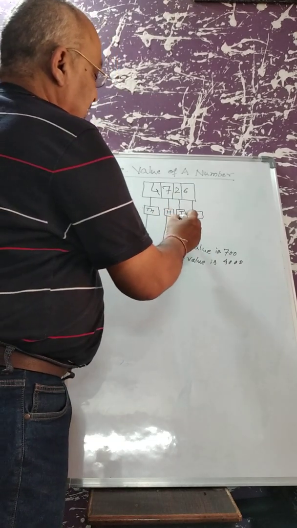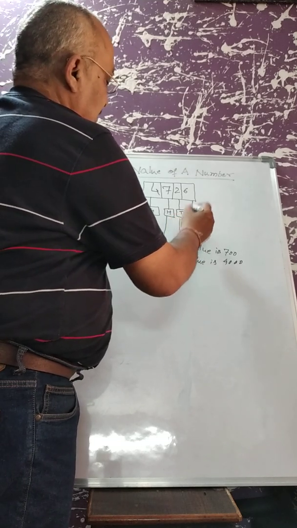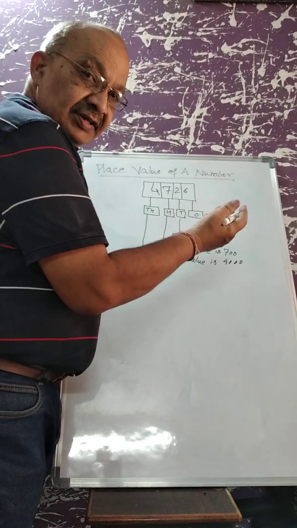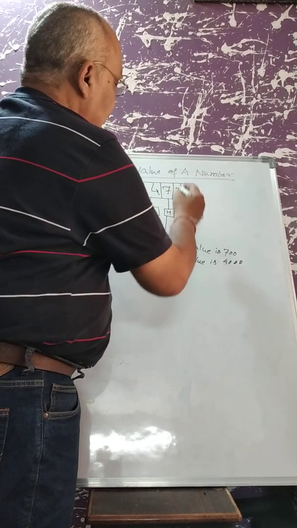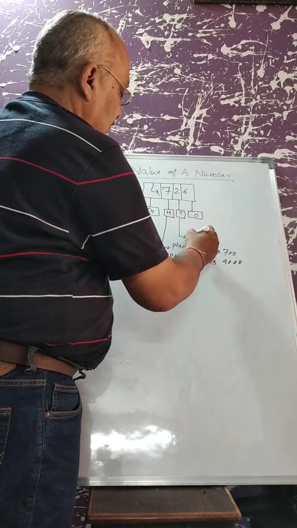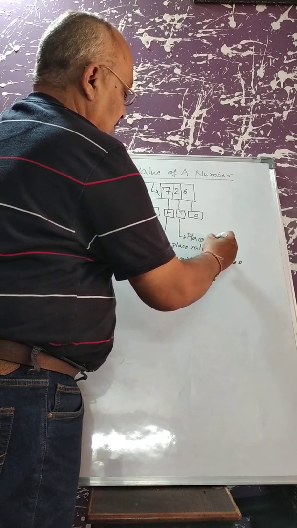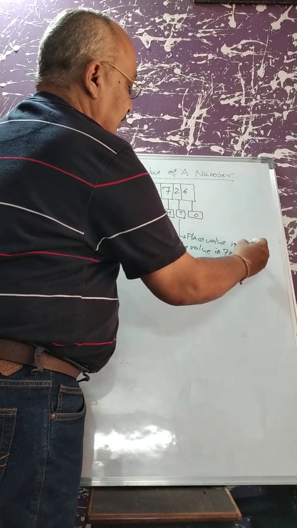Now 2 is at the place of tens. So you can say 2 tens. 2 tens means 2 multiplied by 10. Again, it becomes 20. So its place value is 20.